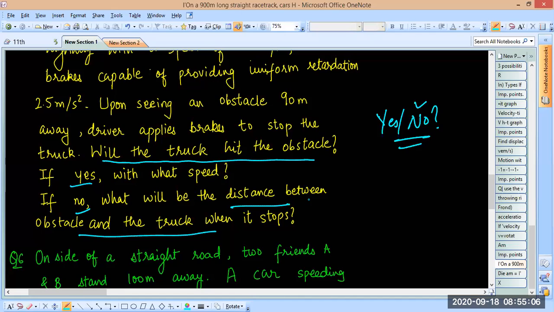Ankita, distance will be 70 meter. Are you sure? Okay. Many of you are saying distance will be 10 meter. All right, let's check.